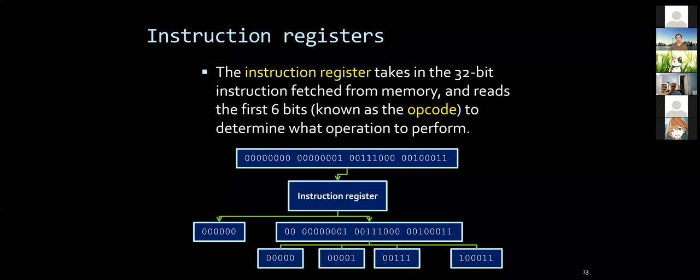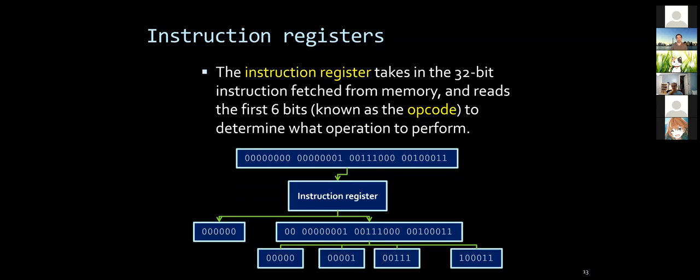Okay, so how do we deal with the instruction register? The instruction register takes a 32-bit instruction fetched from memory and reads the first 6 bits. The first 6 bits here in this instruction, which were all zeros, are known as an opcode, the code of the operation, to determine what operation to perform.